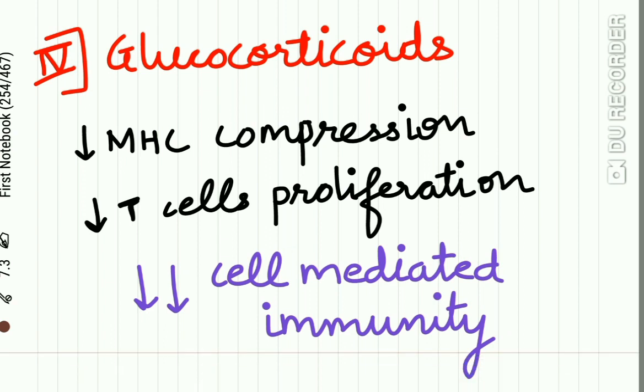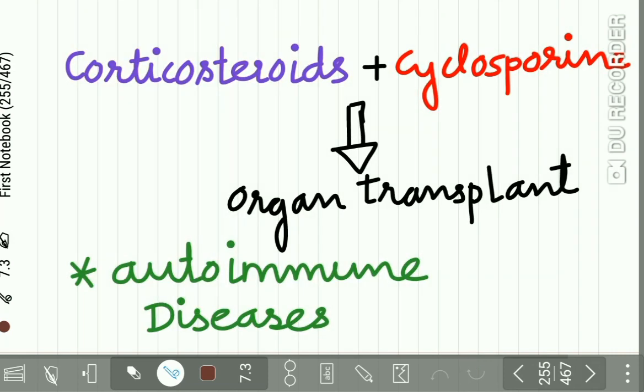Now, the fifth group of the immunosuppressant drugs are the glucocorticoids, which are also very potent anti-inflammatory and immunosuppressant drugs. These inhibit the MHC expression and they also inhibit the T cell proliferation. These two have marked effect on cell-mediated immunity.